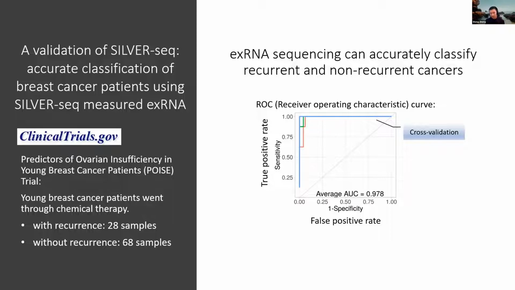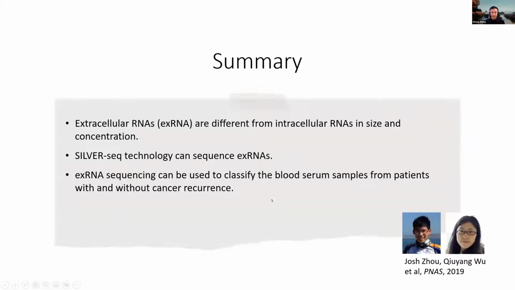And most of the blood was used for the original purpose of the original trial. In this extracellular RNA profile, it turned out that we could use cross-validation to demonstrate that you could have a fairly accurate prediction of who would have recurrence of breast cancer through their blood.